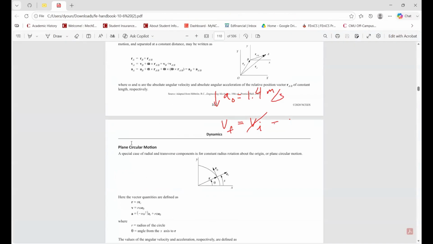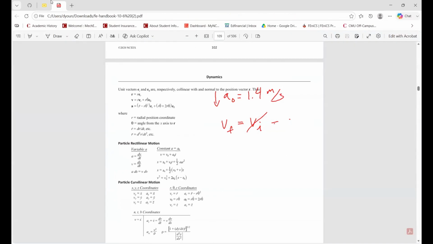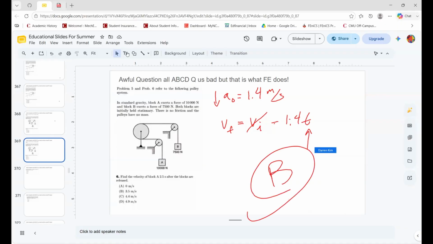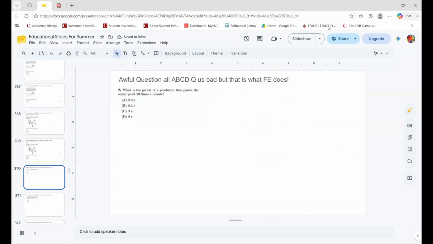No, it's plus, but because of the minus, it is 1.4 d. And then I just plug that in here. So it's basically 1.4 multiplied by 2.5 seconds, which is 3.5, which is B. We have an answer. Good.